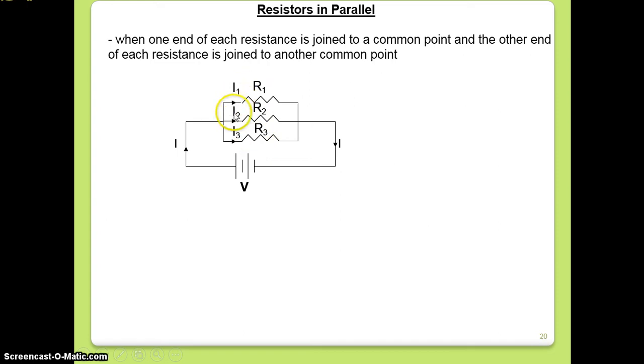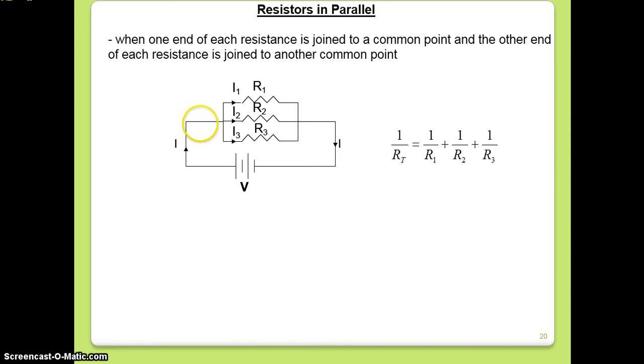You can find I1, I2, I3. These currents flow through these branches, and at the other junction they all combine together and give rise to the total current back again, completing the network.